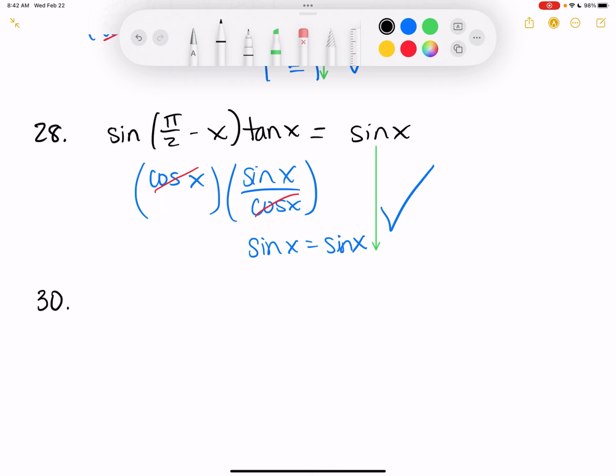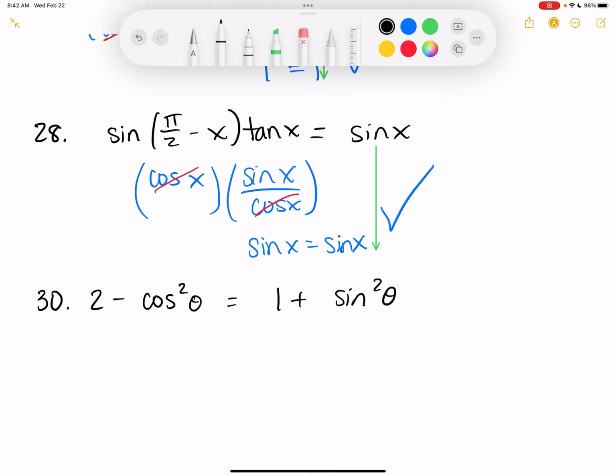And then 30, 2 minus cosine squared of theta is equal to 1 plus sine squared of theta. Now, I will tell you this one is one that you probably won't naturally see, okay? And that's because, 1, you haven't been working with them very long, and 2, it's very different than what we were just doing.